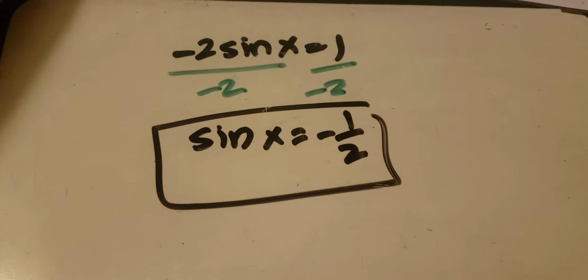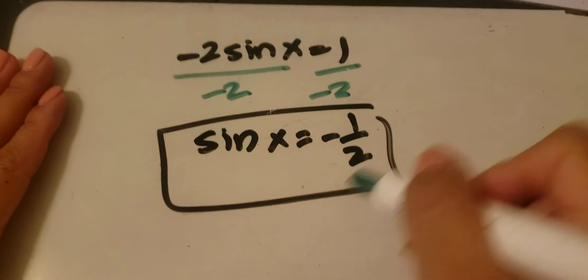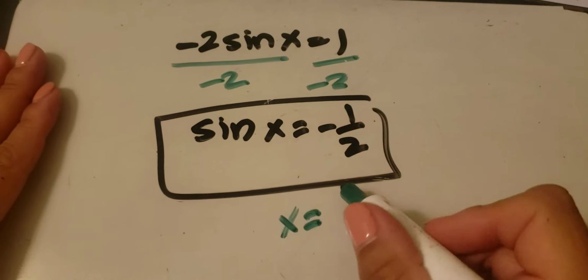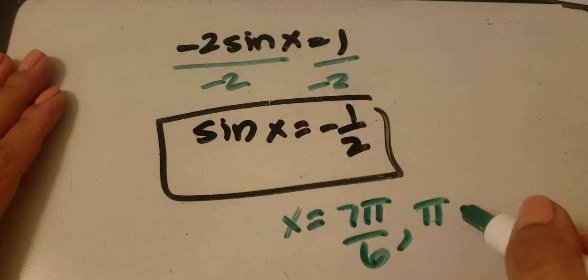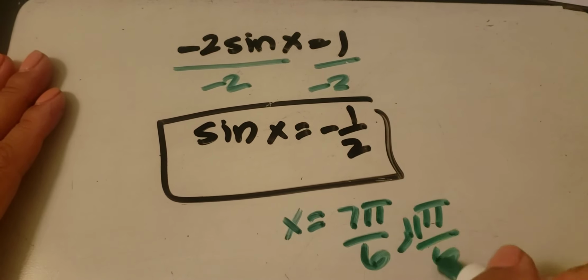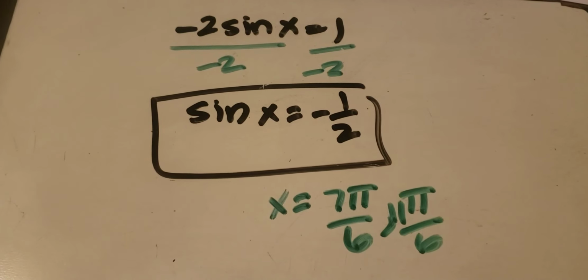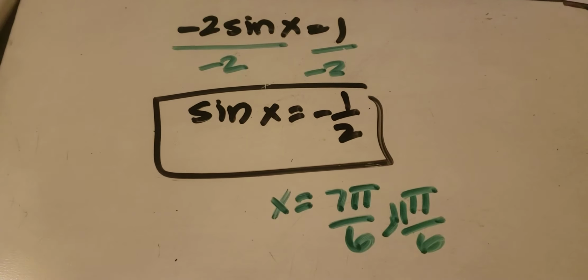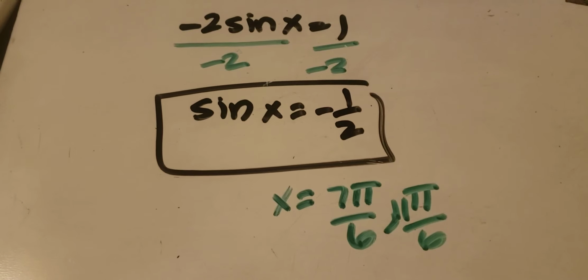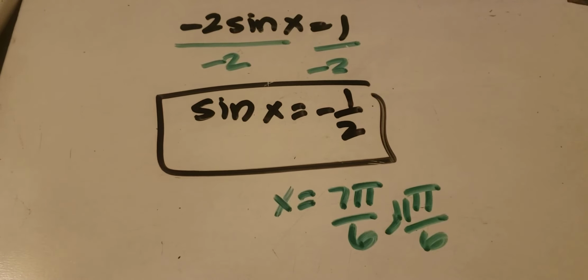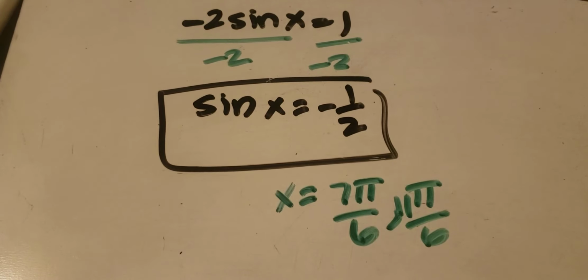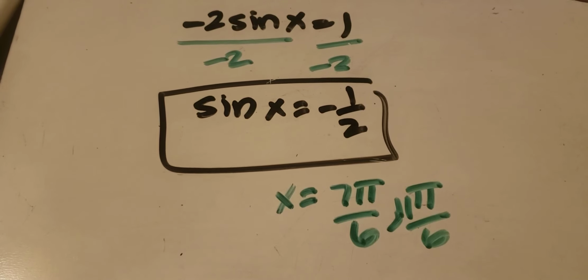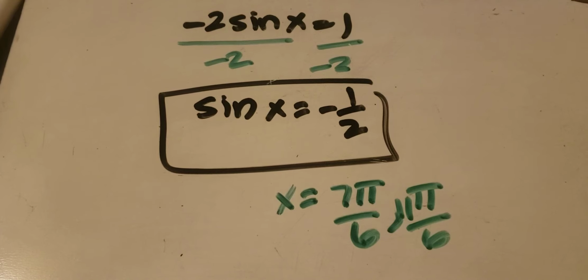So when we write our answers, we want to write x equals 7 pi over 6 and 11 pi over 6. That's because the domain was restricted, so we have to give exact values. All right, awesome. I'm going to have you go ahead and do the checkpoint and then one more video.